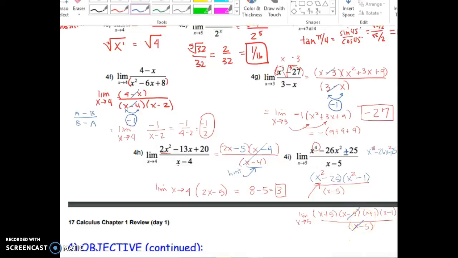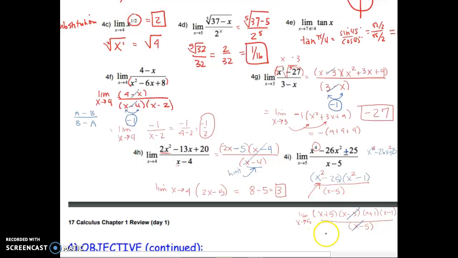Great. So now I can go back in, do my substitution. So if I plug 5 in for all of my x's, I'm going to end up with 10 for my first term, times 6 for my second one, times 4 for my third one. So my answer is 240.